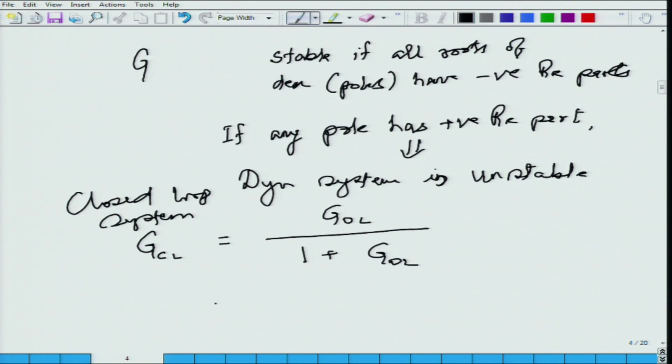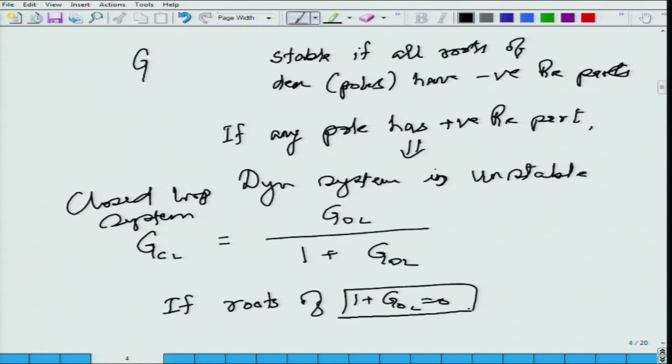So, what this means is, if the roots of 1 plus g open loop equal to 0 are all in the left half plane, that means they have negative real parts, then the closed loop system is stable.